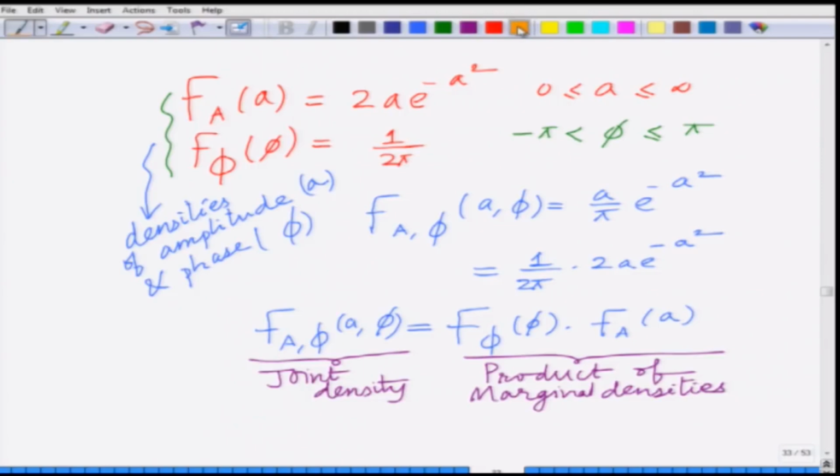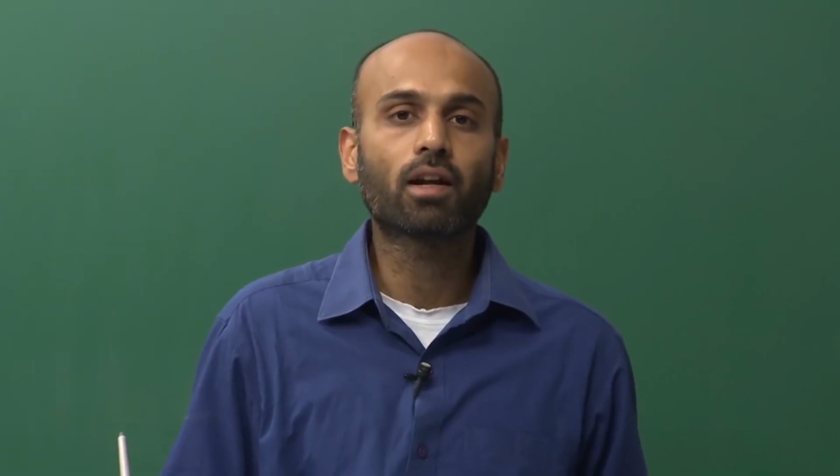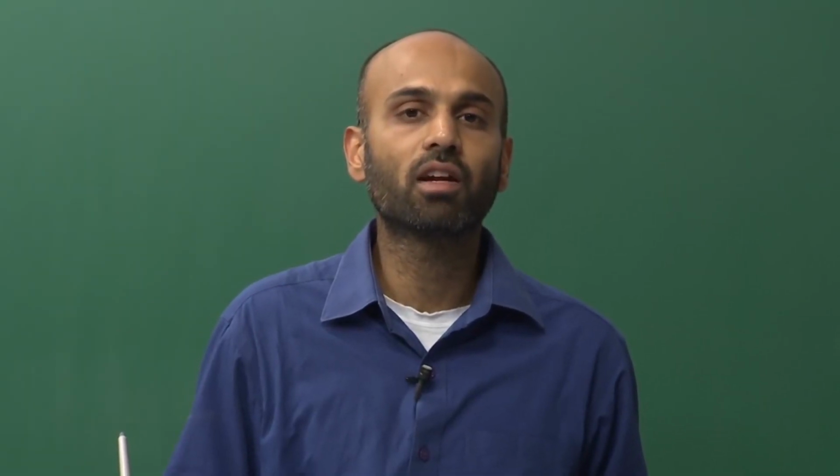Therefore, this implies that the amplitude and phase are independent random variables. So, the amplitude and phase of the Rayleigh fading channel are independent random variables.